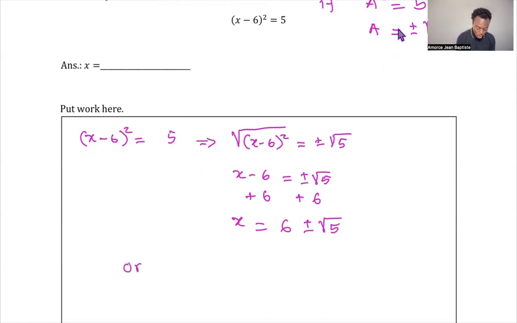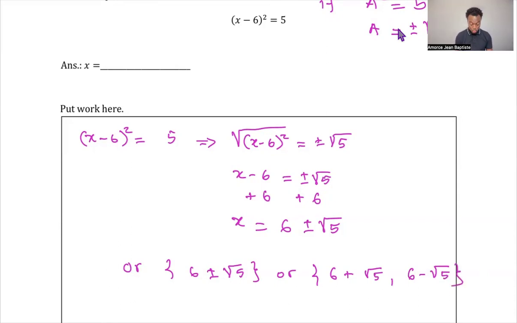Or your solution set can be 6 plus or minus the square root of 5. Or if you want to separate the solutions, you can write it as 6 plus square root of 5, comma, 6 minus square root of 5, which you don't have to.